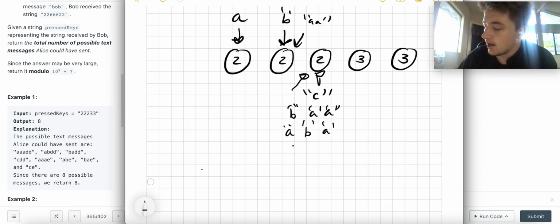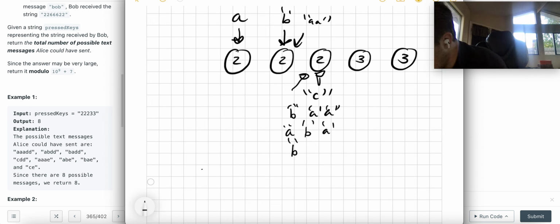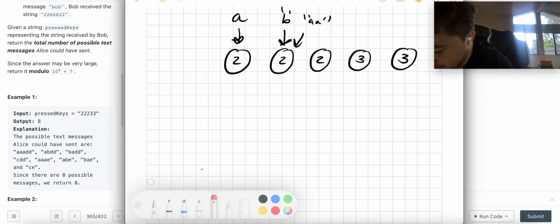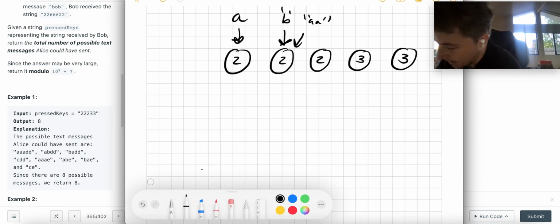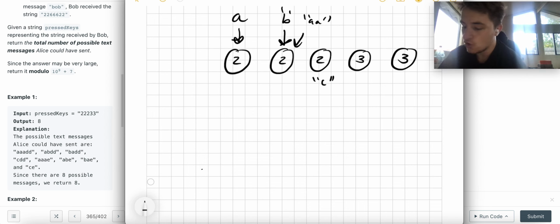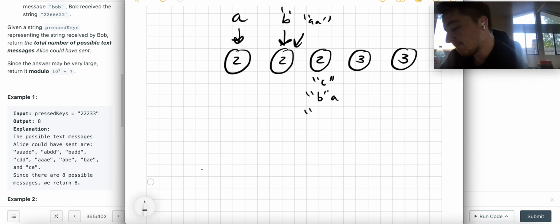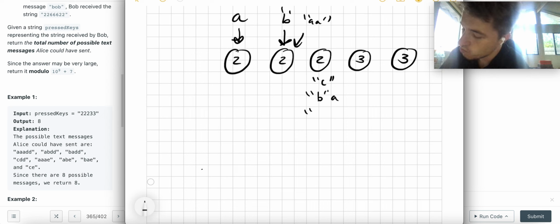Sorry, not two A's. What am I doing? In order to get to this final C, I either typed just a C, because a C is three 2s, or I typed a B and then an A, or I typed an A and then a B. Is that right?